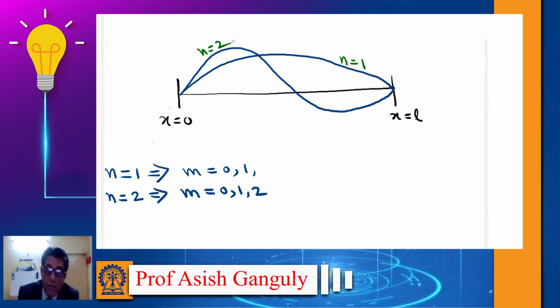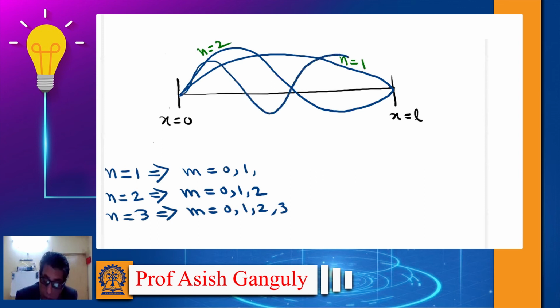So if you go on increasing n, you see n equal to 3, m is 0, 1, 2, 3. So it has 2 nodes. That means it will be this type. So this is n equal to 3.